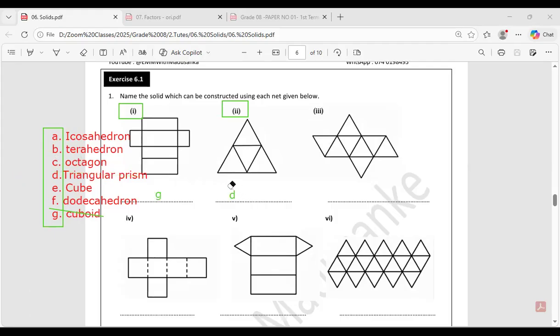So this should be B. Yes, your answer is correct. So this is called tetrahedron, right? So I will cancel this out. Our part B.